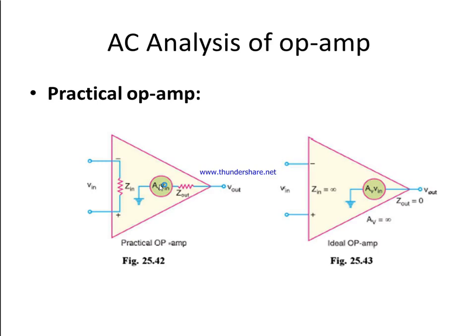Then V out is very high, Vin is very low, so V out by Vin will be very high. That is why the voltage gain of an op-amp is very high. If we give a very small input voltage, the output produced will be very high.